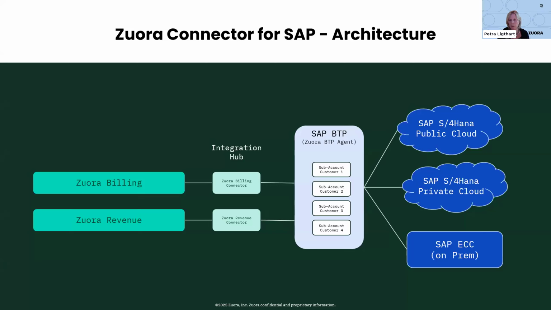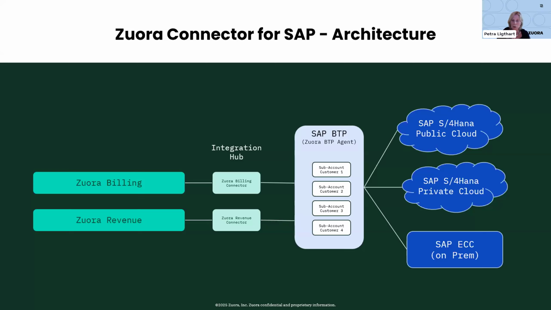This is what I meant: if you're in the middle of a cloud transformation, you would run our connector, and in the middle of that transformation you go from ECC to the private cloud. This all remains the same, but within the BTP agent we have configured it so that it can point to the private cloud instead of ECC. This is one of the scenarios.